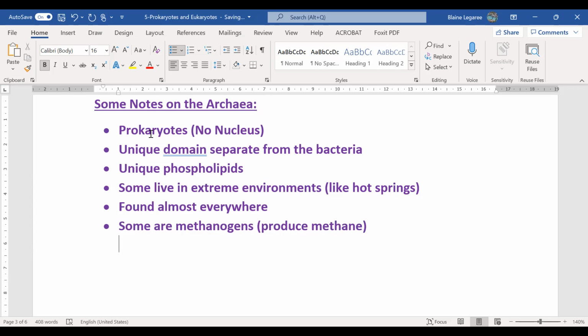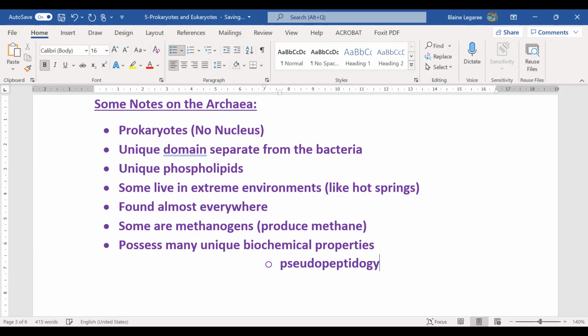And the other thing we can say, without getting into all the particularities of them, is they possess many unique, we'll call it biochemical properties, right? So for example, we talked about pseudopeptidoglycan in the cell wall.